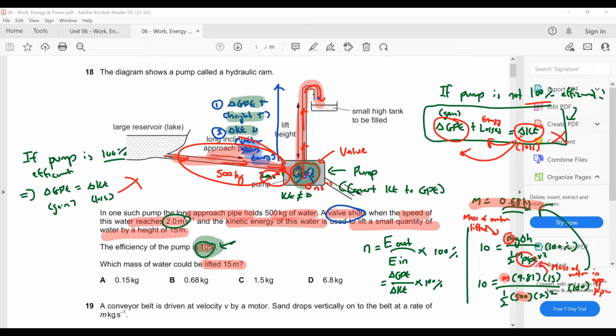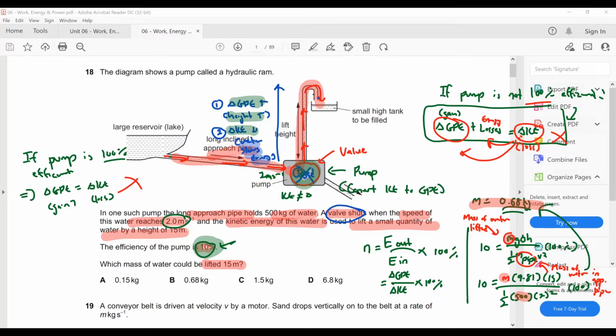Okay, so the mass of water that stopped is 500 kg, but the 500 kg of water, not all of it will go up through this pipe here. Only a portion of it will go up. That's what you want to find out actually. So let me highlight some of the stuff again.